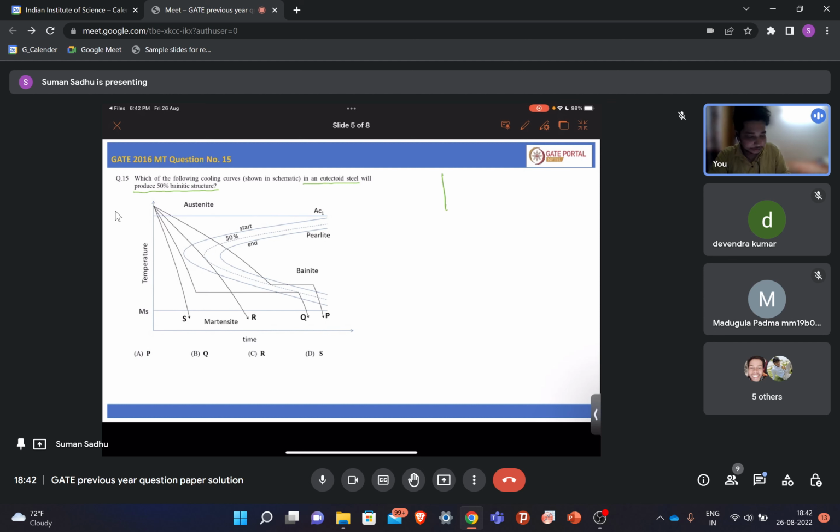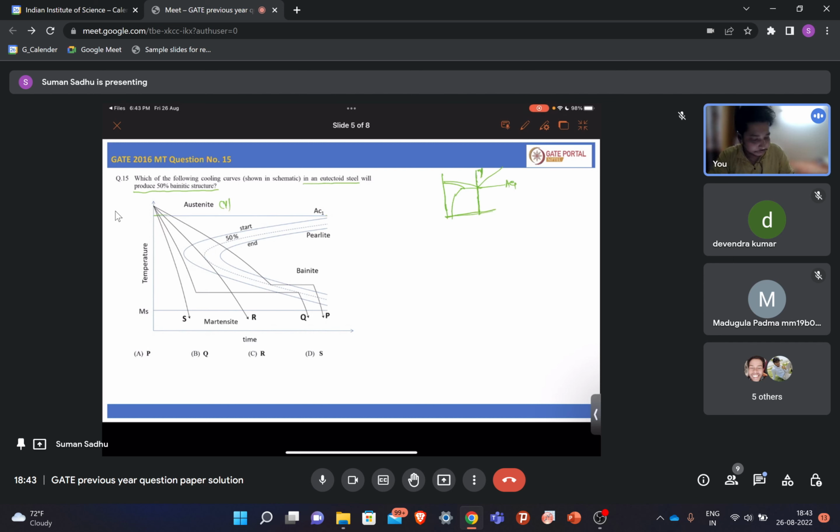Let's say this is the phase diagram, and eutectoid means this steel. This is the AC1 line. Above AC1 it is austenite, or gamma, and below it will transform to pearlite.